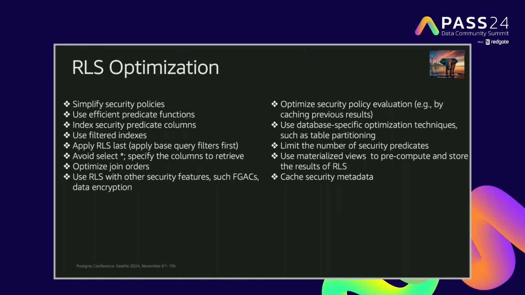You can try caching. For example, you can create a materialized view on the predicate part. So now it's really in the materialized view cache, in other words, so your queries will benefit from that. So these are some of the RLS optimization best practices.